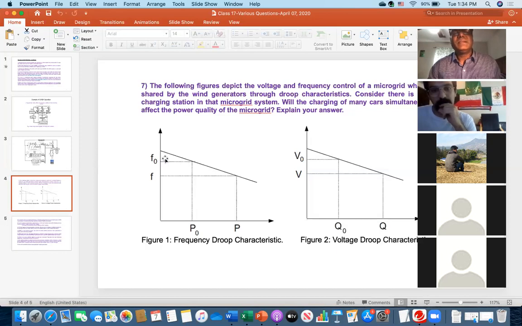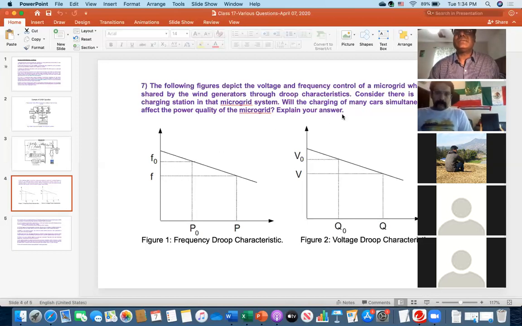This means with the increase of the active power or real power, frequency will degrade or drop, and that makes sense. For example, now you have 60 Hertz. If you insert more and more load on the system, it will slow down. Consequently, frequency will drop. This means if you insert more and more active power in the system, frequency will change.